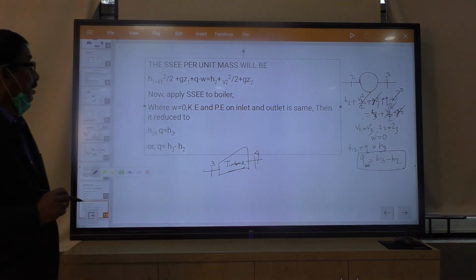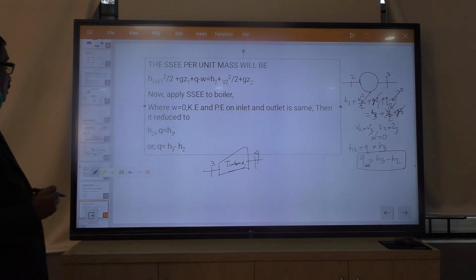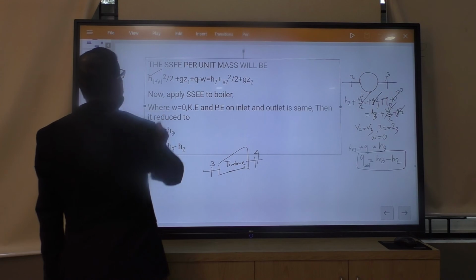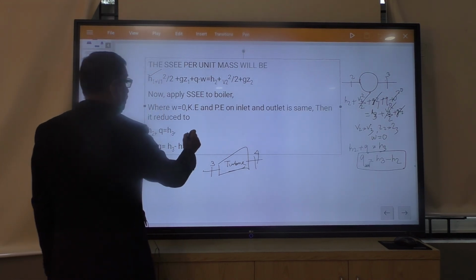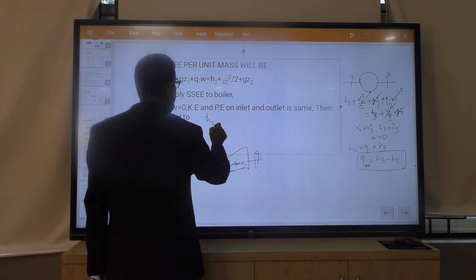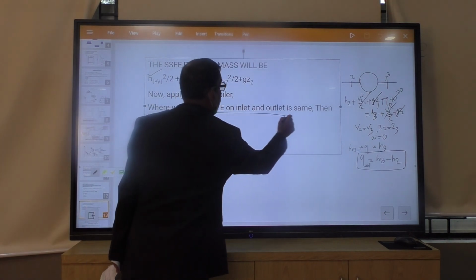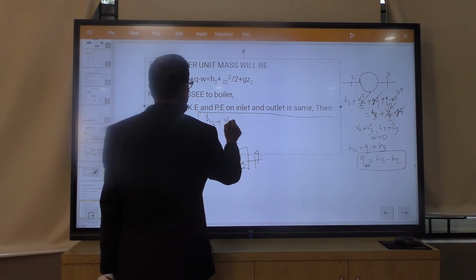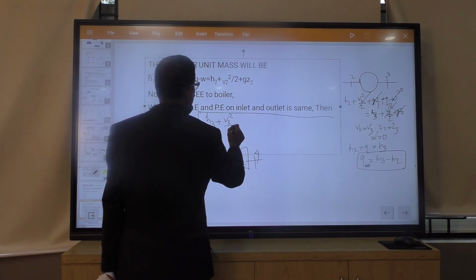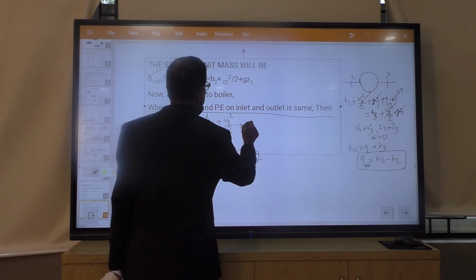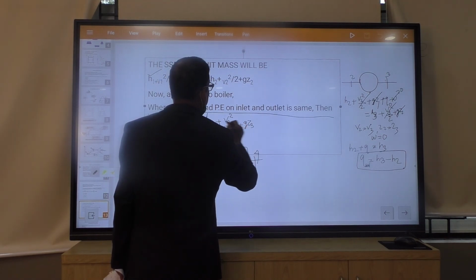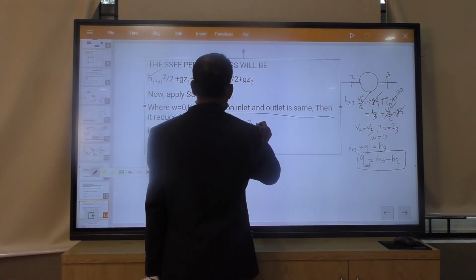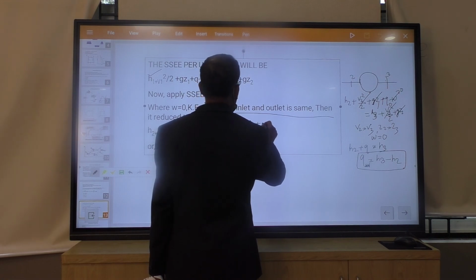Then you apply the steady state energy equation, this one. H3 I am writing here: H3 plus V3 square by 2 plus gZ3, Z3 is elevation, potential energy in the height, and Q is same.